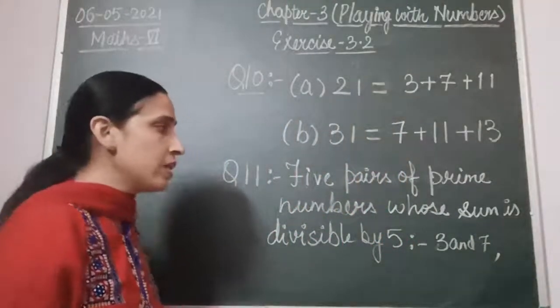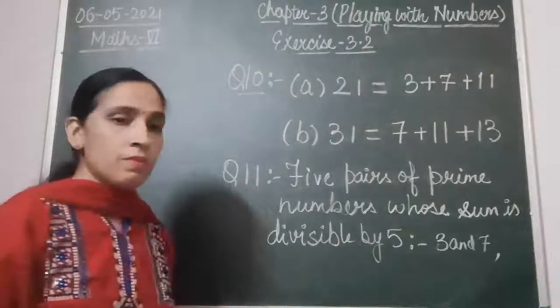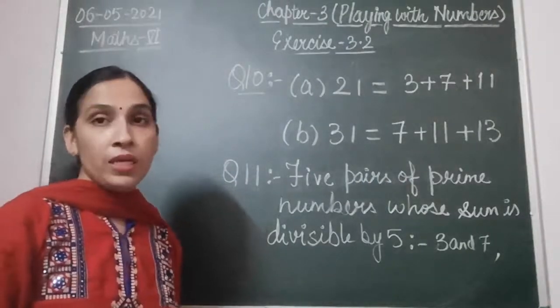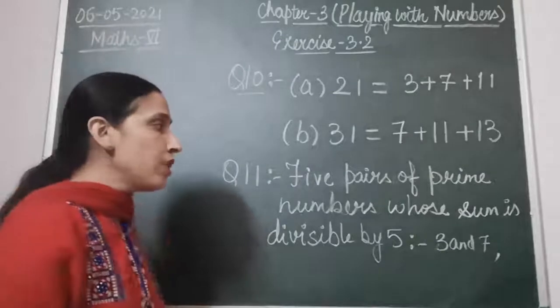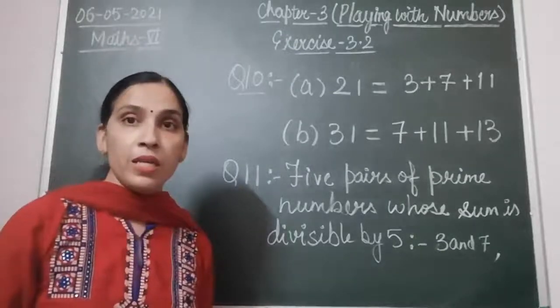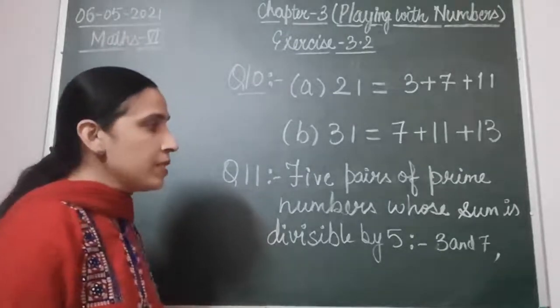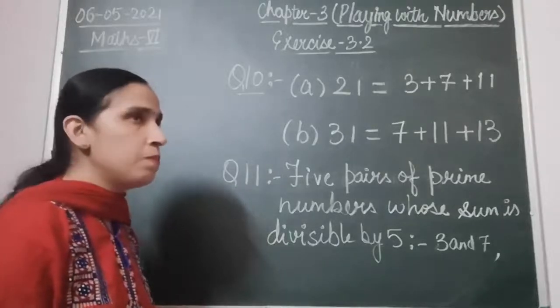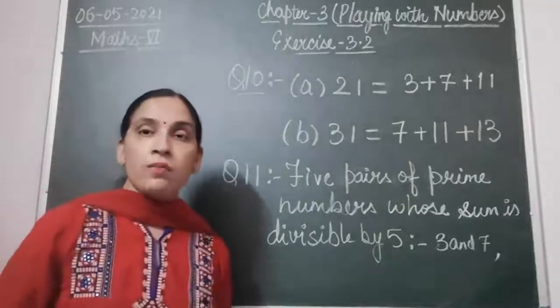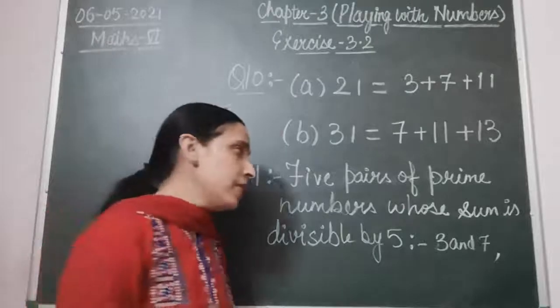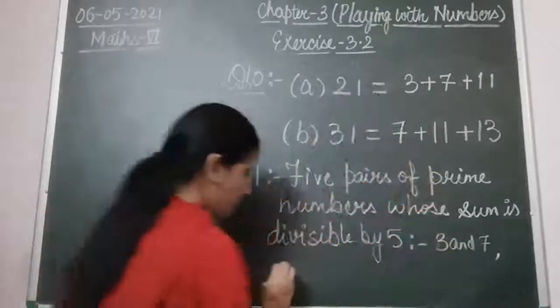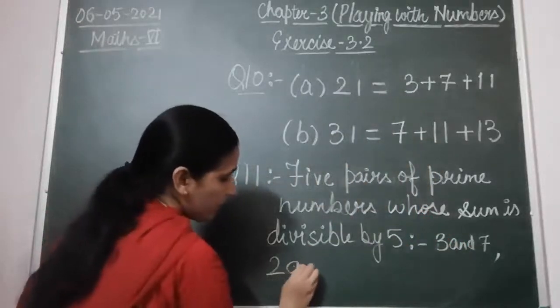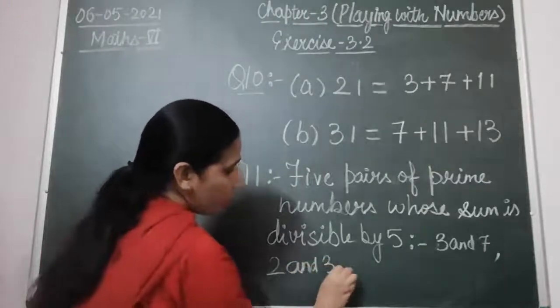Now next, you have to take numbers less than 20, so we are not going to take 20. Fine. Next pair can be 2 and 3. That will be 5.